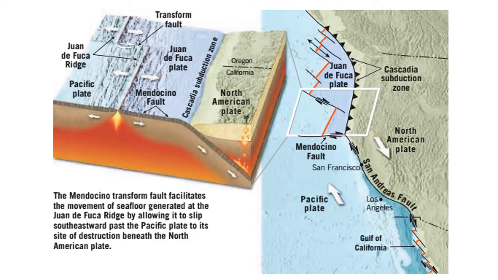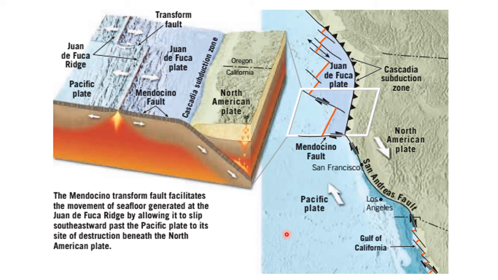Typically, the transform faults are part of prominent linear breaks in the seafloor known as fracture zones, which include both the active transform fault and their inactive extension into the plate interior. The active transform faults lie only between two offset ridge segments and are generally defined by big shallow earthquakes.